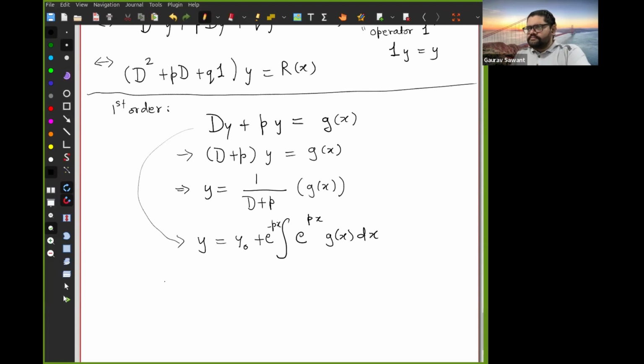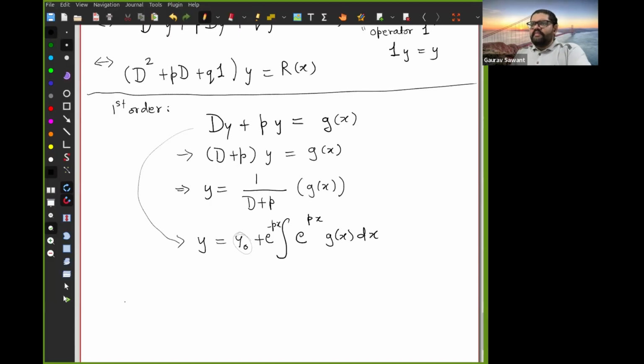So that we have this solution. This y naught corresponds to the integration constants and so on, so we will not worry about that too much at this point.